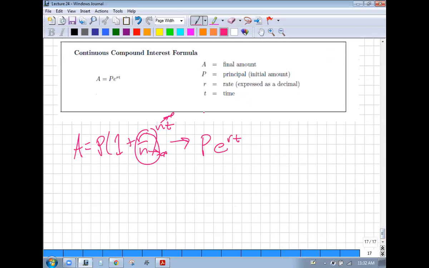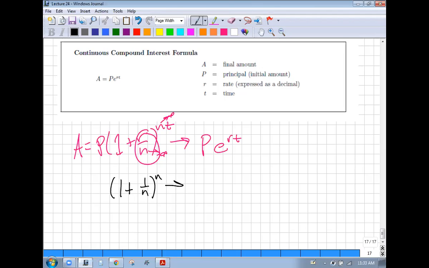Okay, so compounding continuously, that's where n is infinity. And that's how you get that e in there. It's 1 plus 1 over n, to the nth power.